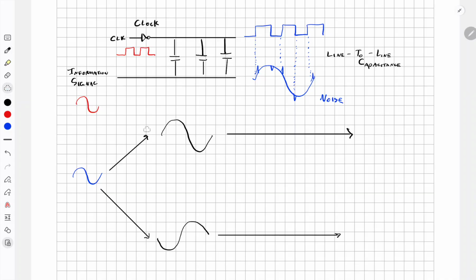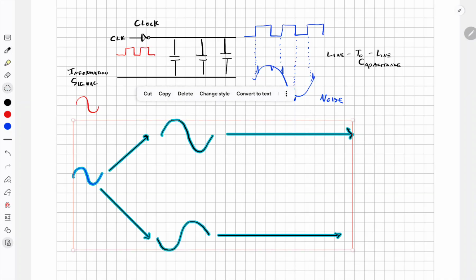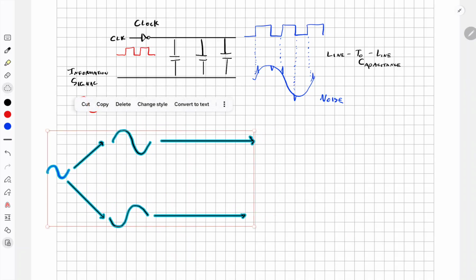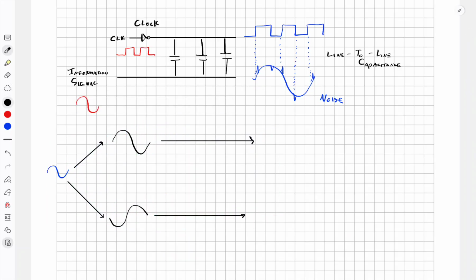Okay, let me draw everything much smaller so that we can fit everything. So you take your information signal, you split it up into two equal but opposite signals, you run it through two very long wires, and then you get your output on the other side. Then you run your clock wire down the middle.